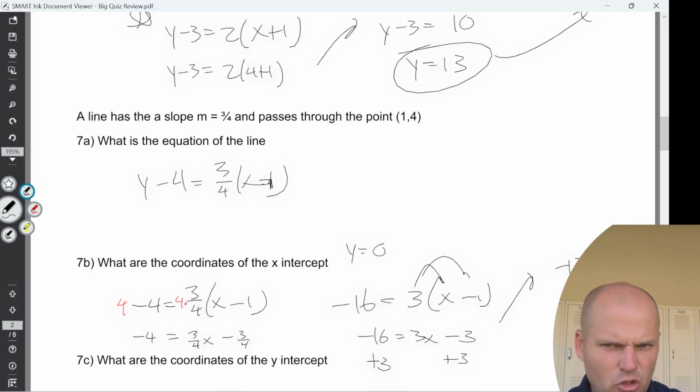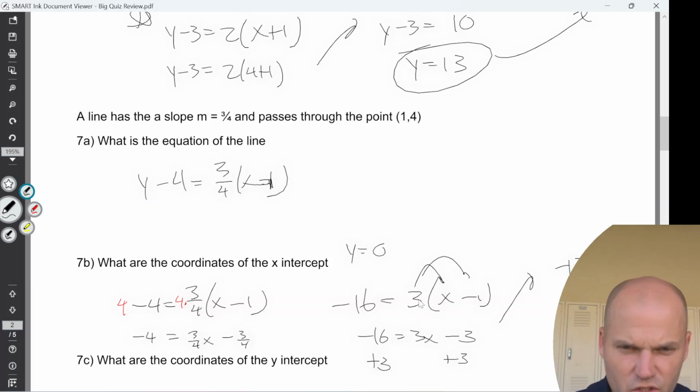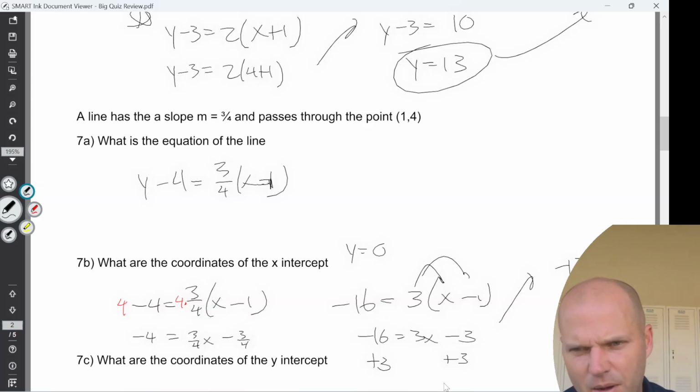So I distribute the 3 and add the 3, and I get -13 equals 3x. I divide by 3 to get x equals -13/3.